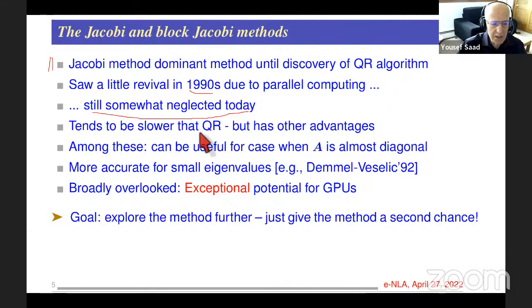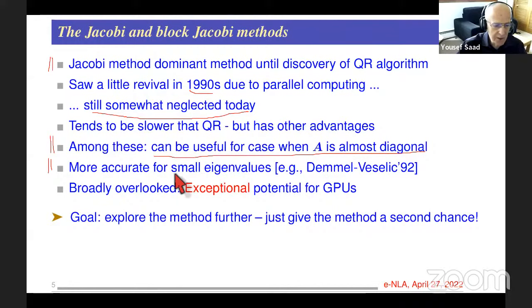The method tends to be slower than QR. Not a little slower, it's actually substantially more operations, maybe a few times more expensive than QR. But it has some advantages. For example, it can be very useful when A is almost diagonal. That's one thing that has been noted by people. The other thing, which is well known, is that it is more accurate for small eigenvalues.